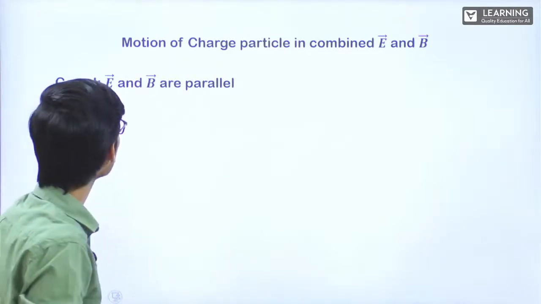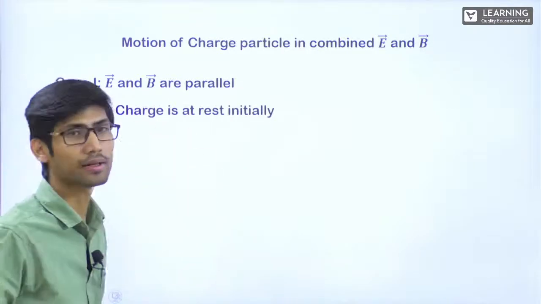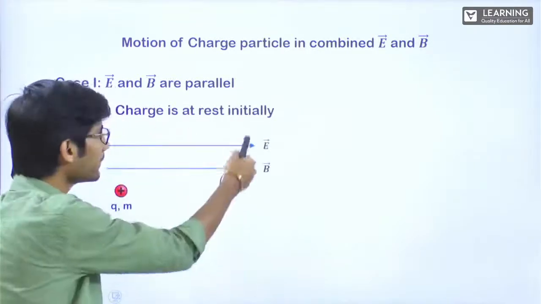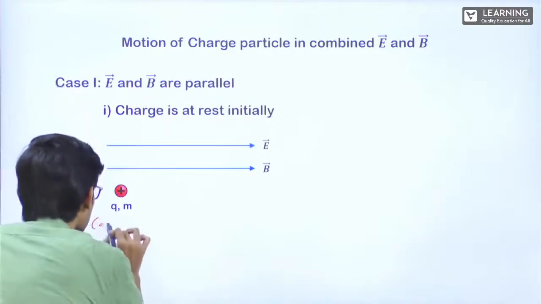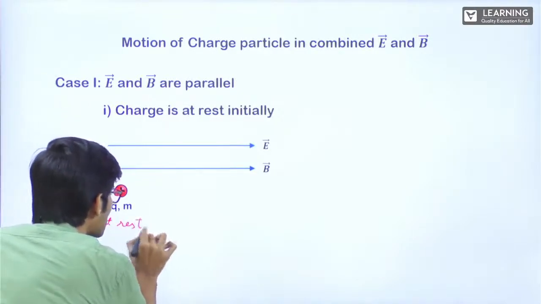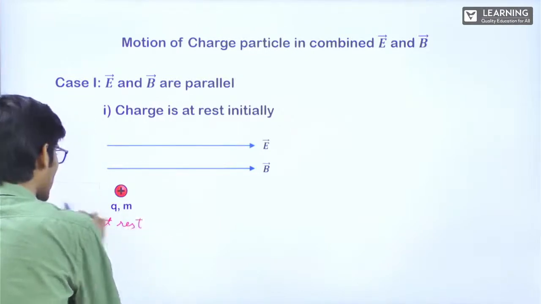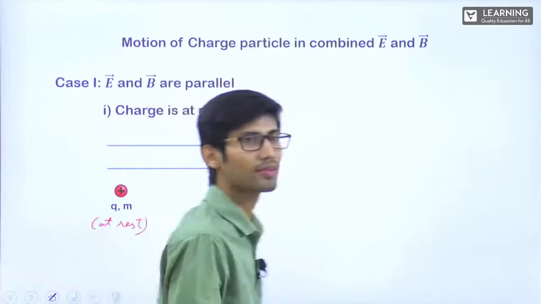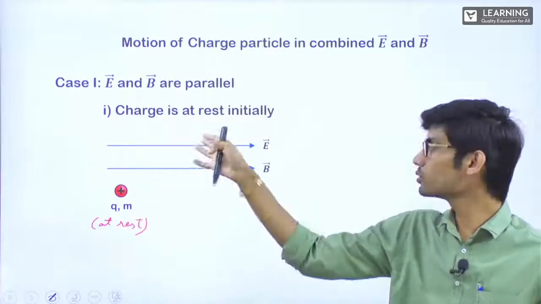So first is E and B are parallel. Since E and B are parallel, the first sub case is the charge is at rest initially. This is the charge which is at rest. So what will happen? There will be forces on this charge due to the fields.